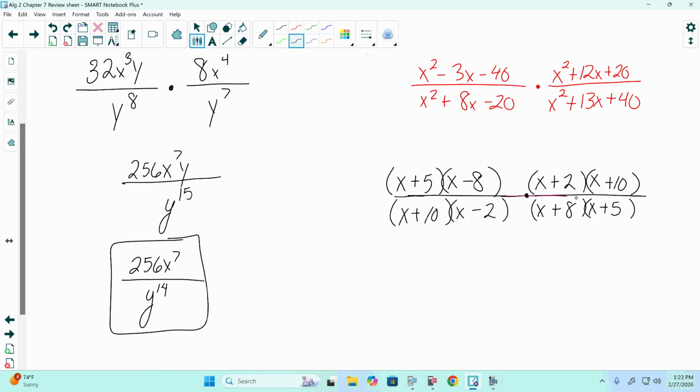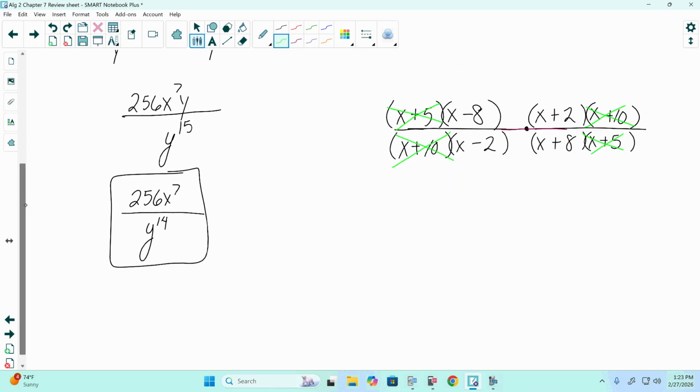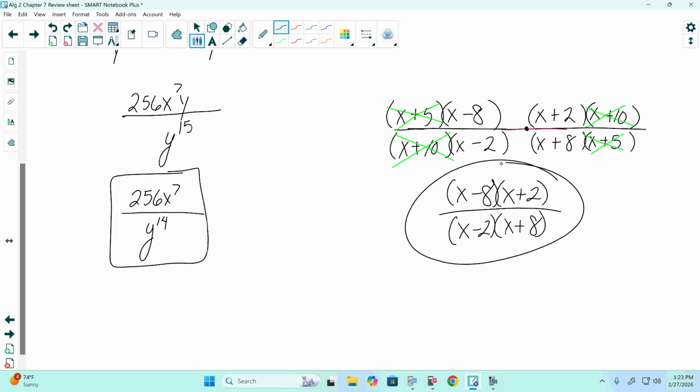Then multiply and simplify. There we are. Telling us that our final answer is x minus 8 over x plus 2 over x minus 2 times x plus 8. Questions on this here?